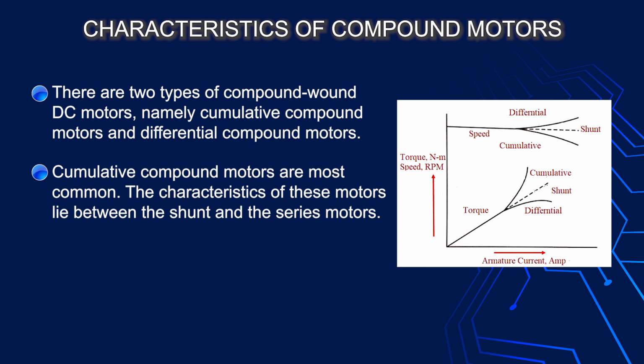As you know, in cumulative compound motor, the flux produced by both the windings is in the same direction, that is phi r is equal to phi sh plus phi se. But in case of differential compound motor, the flux produced by the series field winding is opposite to the flux produced by the shunt field winding, that is phi r is equal to phi sh minus phi se. Here you can see that the speed is inversely proportional to the flux of the motor.